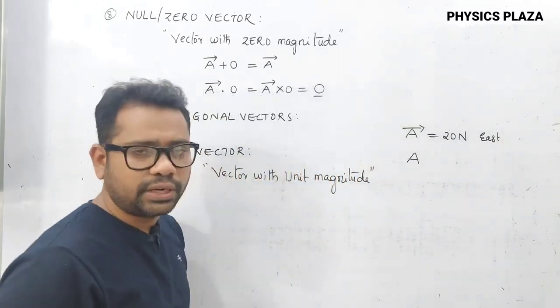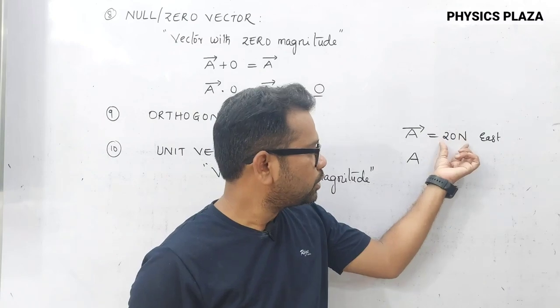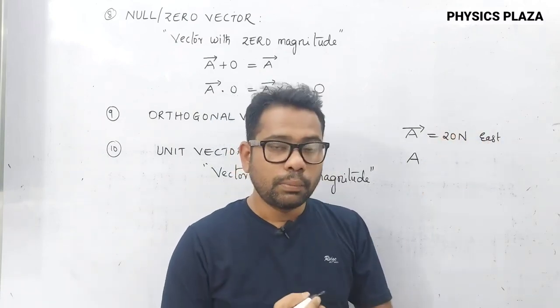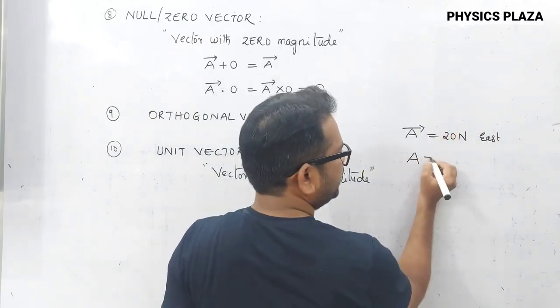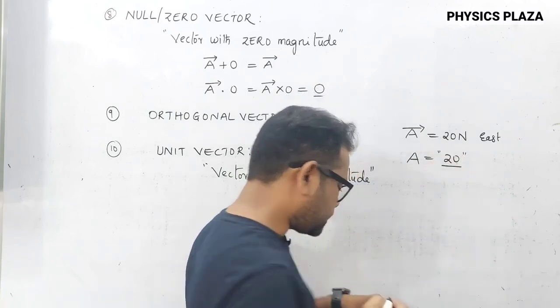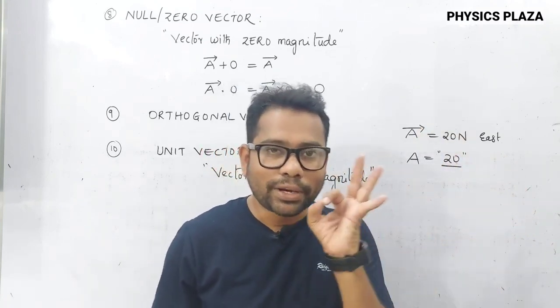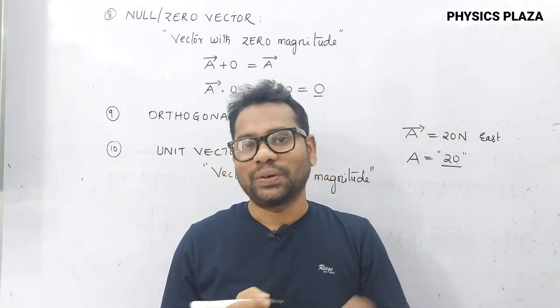Let us say vector A represents the force. Its magnitude is 20, since 20 Newton force is acting in east direction. The magnitude of any vector is a scalar only.